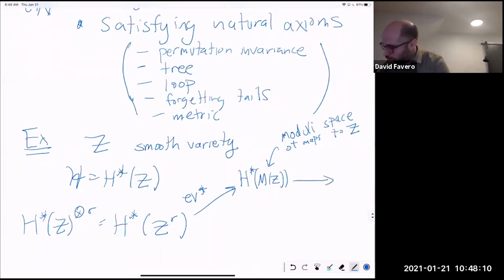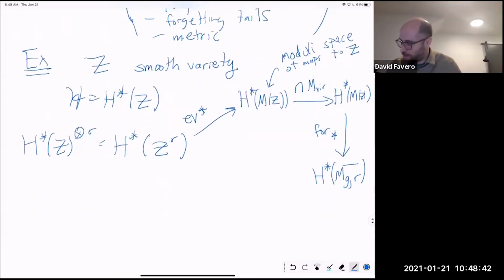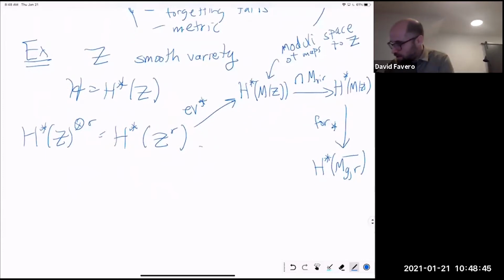And then you cap with some kind of virtual class. And then you push forward by the forgetful map, and you wind up here. So this moduli space is keeping track of r marked curves mapping into Z of genus g. Okay. And so this thing here is gamma_{g,r}. This is Gromov-Witten theory.